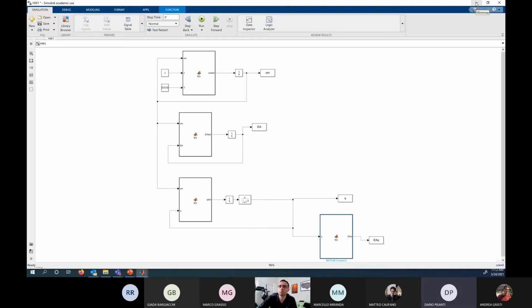Probably just one thing that I found out. I tried to simulate by changing the tolerance. Instead of putting 10 to minus 3, I put the one that you got in your code, 10 to minus 12, and it seems it is better on the omega and the Euler angles.